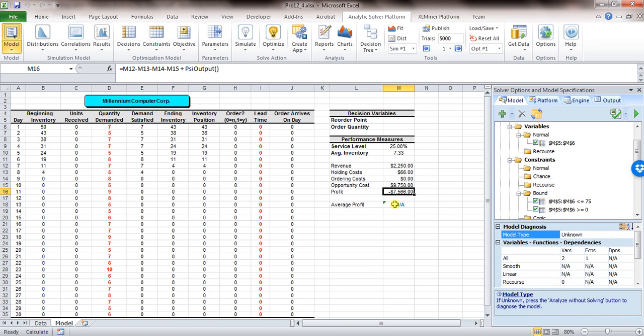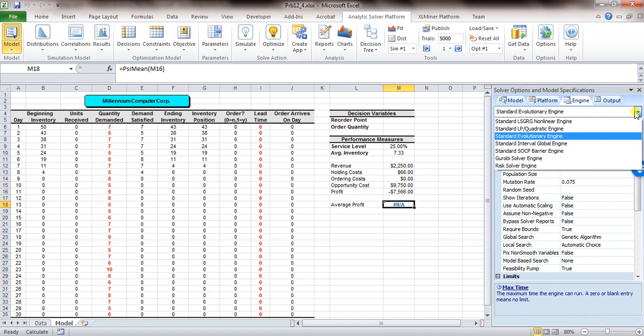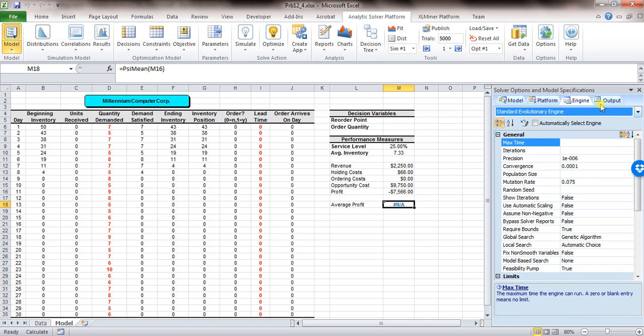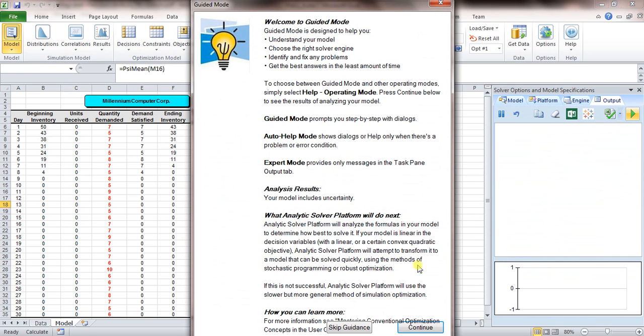For average profit, we have PSI Output here. That means we want to track this profit from every simulation, and average profit is given by PSI Mean. So this will run the simulation 5,000 times and find the average profit. The engine that we need to select is the Evolutionary engine, then go to Output and run this.